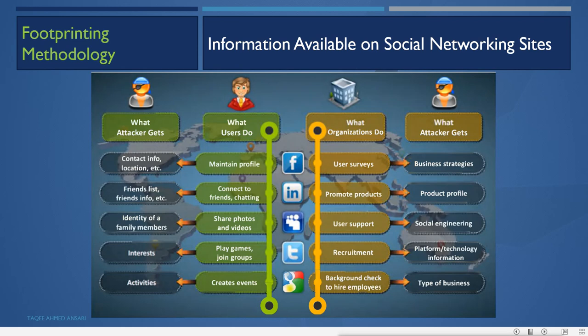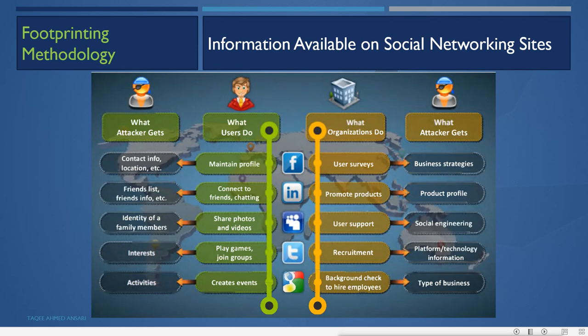Organizations promote their products, and from there the attacker can get the product profile. Users share photos and videos, so the attacker can get the identity of family members also. Then organizations provide user support, and from that the attacker can get user information for social engineering.